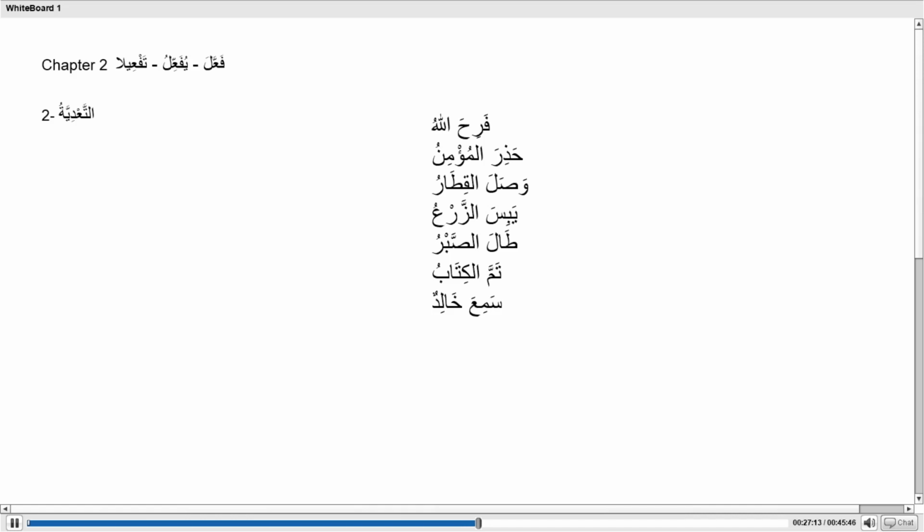Now, you want to include the verb, the meaning, making. So, فرح الله, what does it mean? Allah was happy. Instead of was happy, you want to say Allah made happy. So how do you do that? You say فرح الله, and that's it.